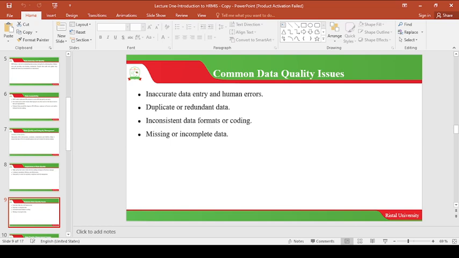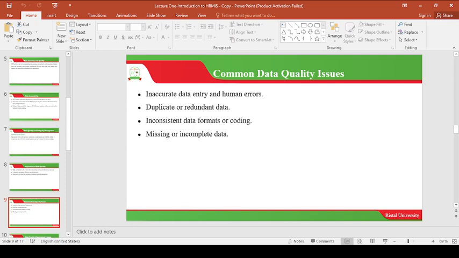The next common data quality issue is duplicate or redundant data. That's when you have a duplicate file. If you have an employee folder, let me say the name of the employee is Peter, and then you have another folder also Peter, with the same information. So that is issue number two.